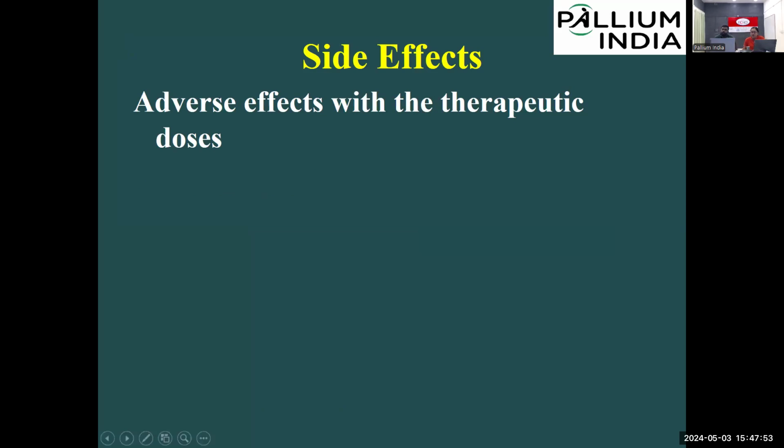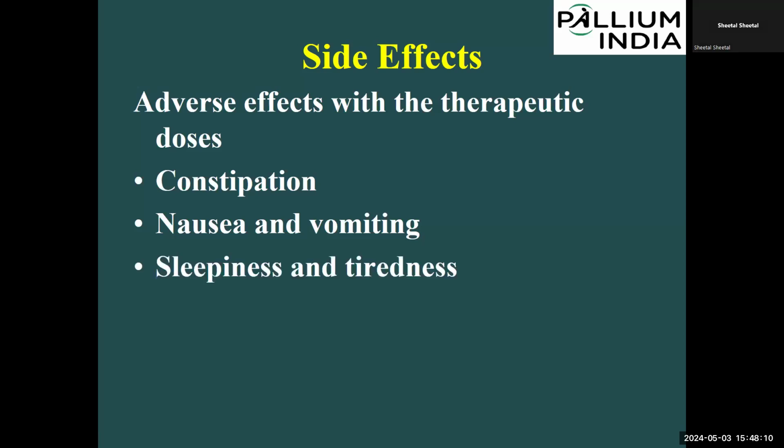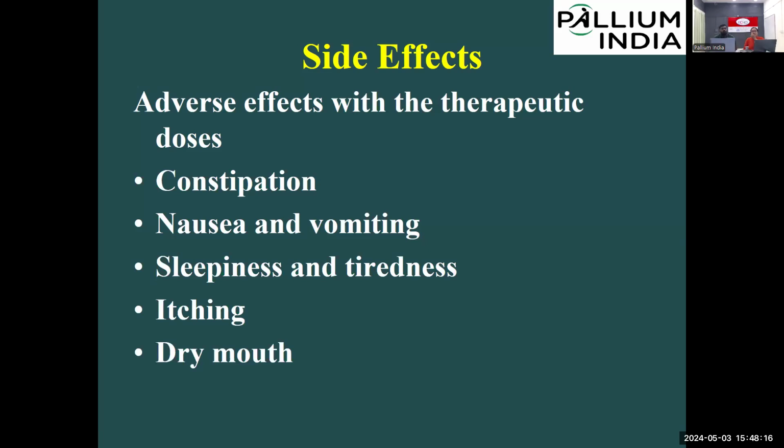What is the most common side effect of morphine? Constipation. Very good. Nausea and vomiting. Sleepiness. Loss of appetite. Drowsiness, itching, dry mouth, these are some of the side effects.